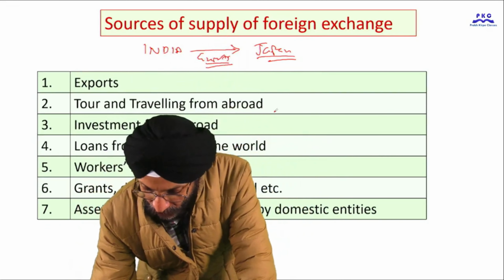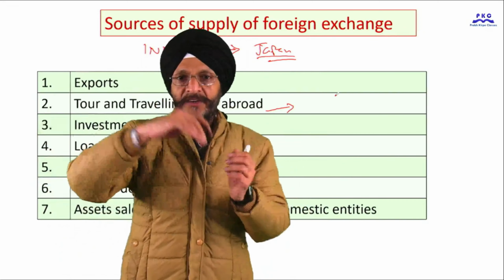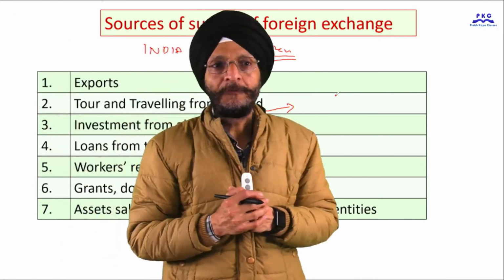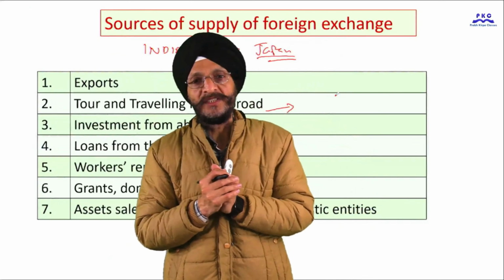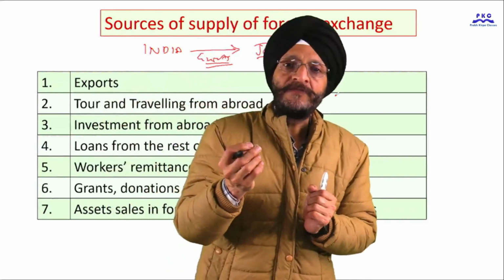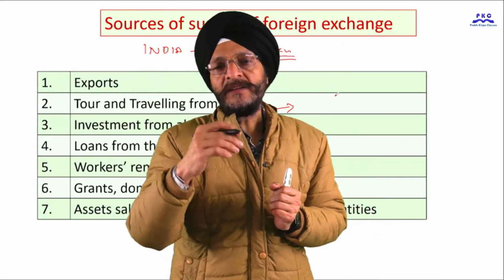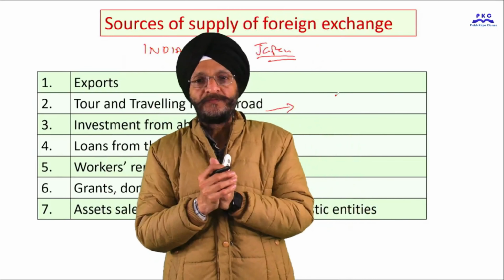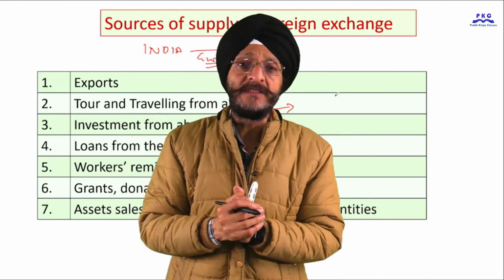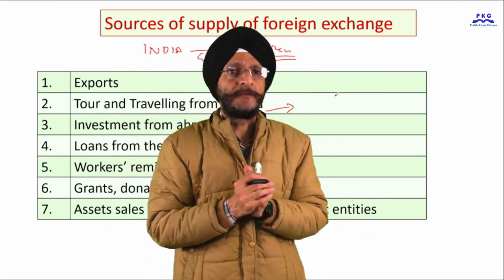Then when tourists visit our country from abroad, it results in the supply of foreign exchange because they will generally spend their foreign currency on food, hotel expenses, and buying other goods and services.